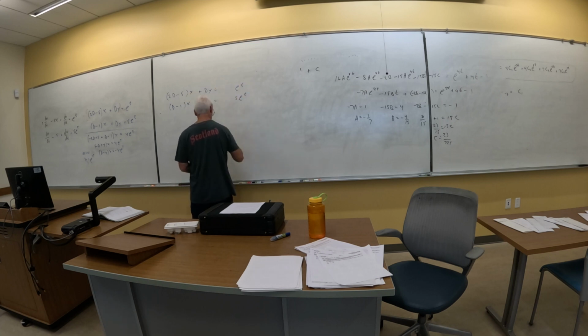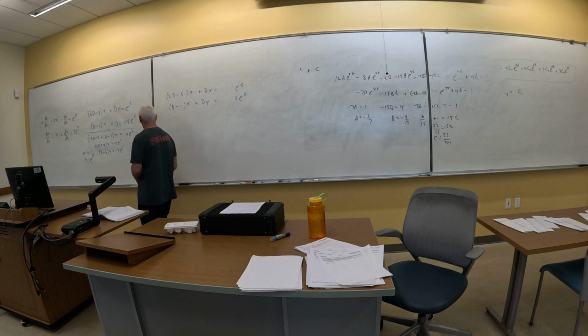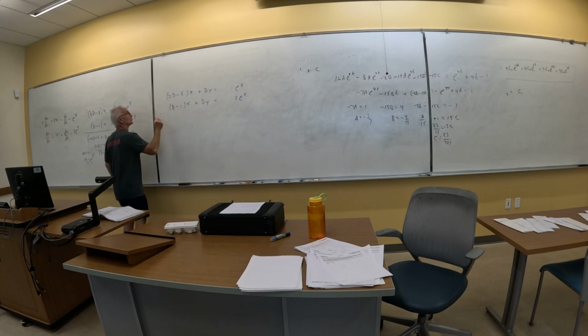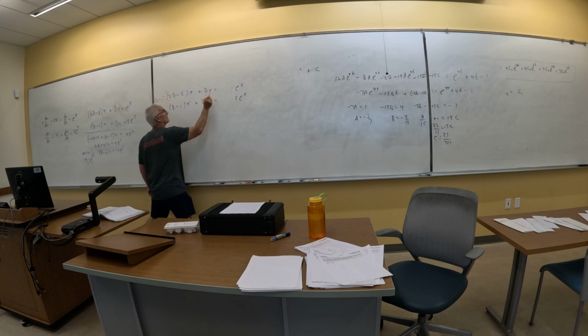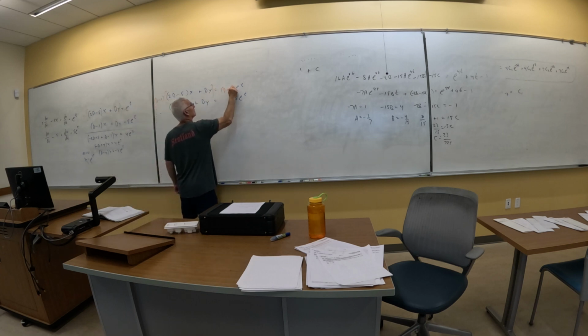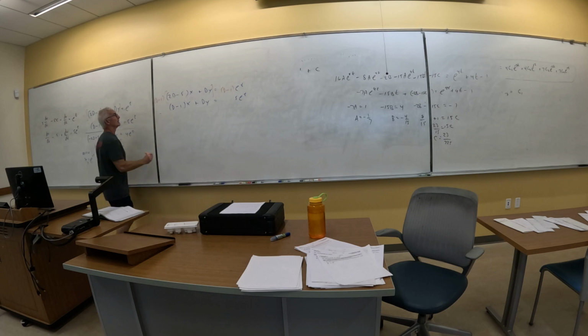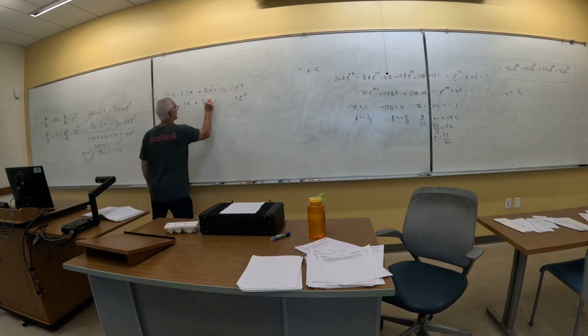Leave myself some space. We're now going to get rid of the x's. So if I do the top one by, let's say, d minus 1, then what am I doing the bottom one by? It has to be negative. One of them's got to be negative. Doesn't matter which one.